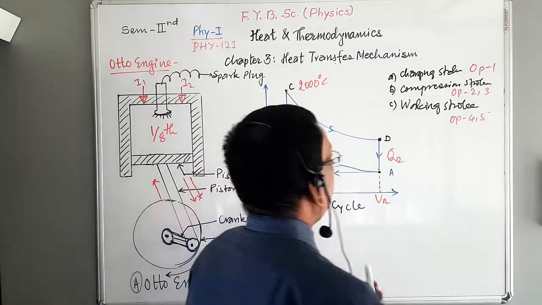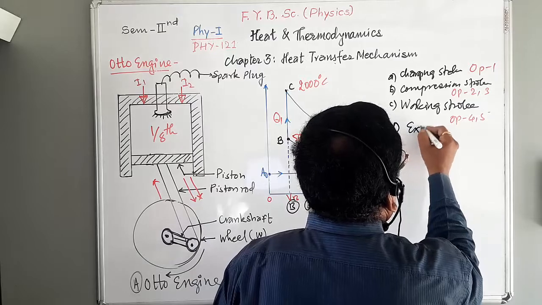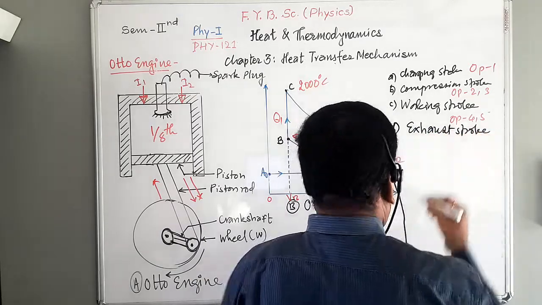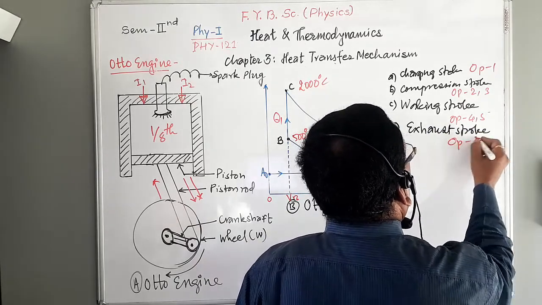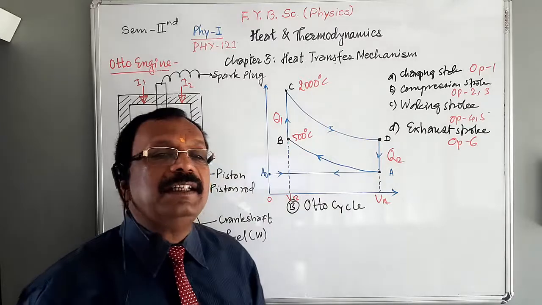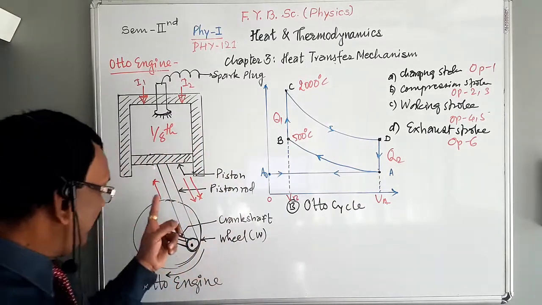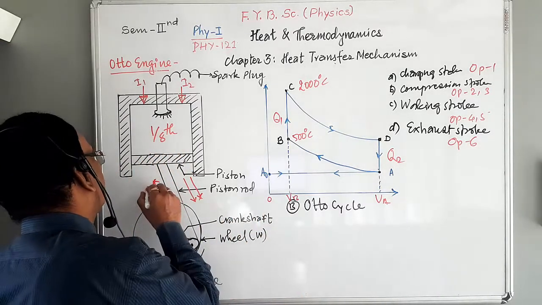And the last stroke, that is stroke number 4, the exhaust stroke. That is operation 6. Lastly, due to momentum gained by the wheel, the piston is pushed inwards.